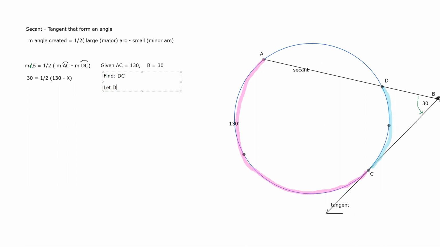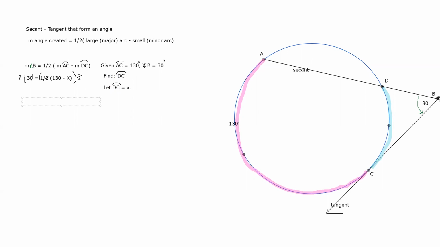So we're going to let DC equal X. We were given AC and angle B. We're supposed to find DC. So we're going to let the measure of DC equal X. Then we're going to work out our formula. How do you get rid of a fraction? I hope you know by now. Multiply both sides by 2, and this cancels out.